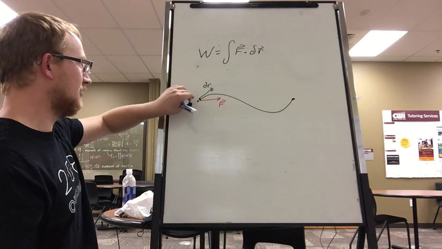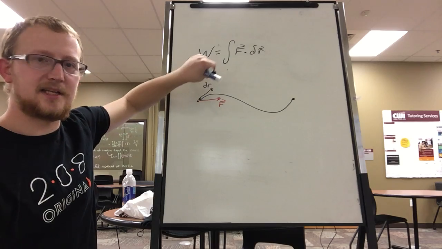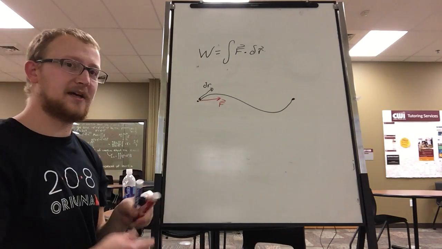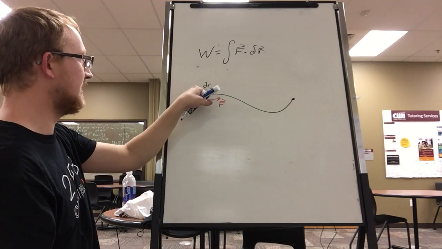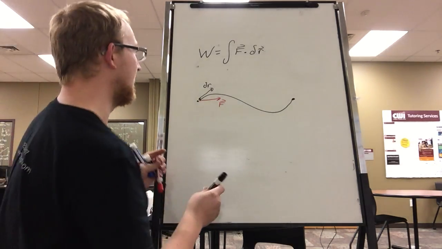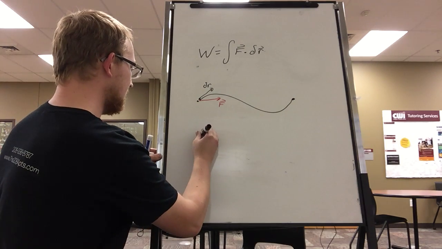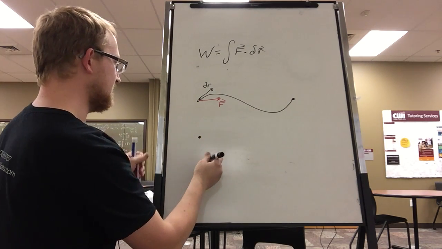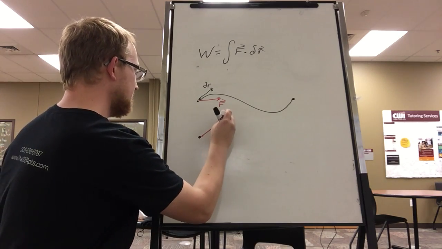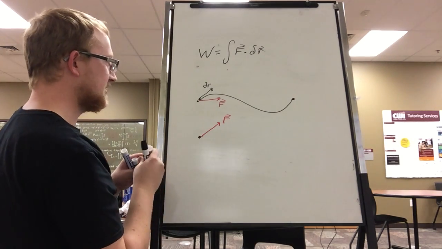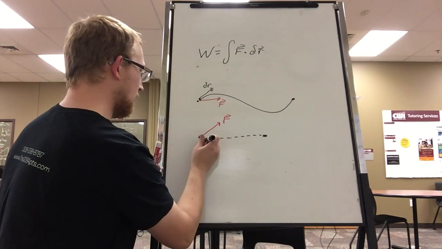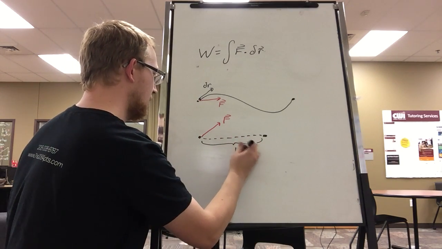And so you'd notice that if the force changed as we went throughout this segment, then we would have to integrate, because force in this case would be dependent on position, or where we're at. But let's simplify it for now and get to an easier expression. So I want you to imagine that I have force in this direction, and my force is constant through a displacement, and we'll call that displacement r.